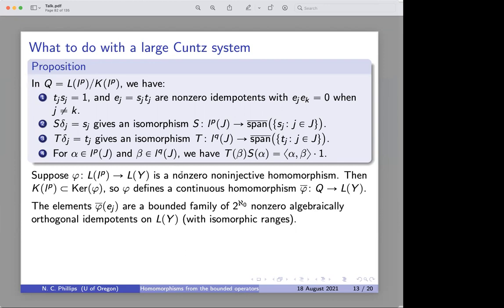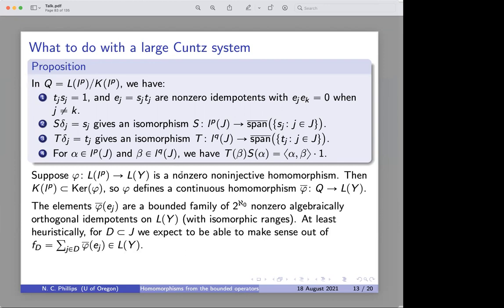They happen to have isomorphic ranges. And at least heuristically, for any subset of J, you expect to be able to make sense of the sum of these things over just that subset and get some sort of idempotent in L of Y. I'll say a bit more about that in the next slide. These things are distinct idempotents.